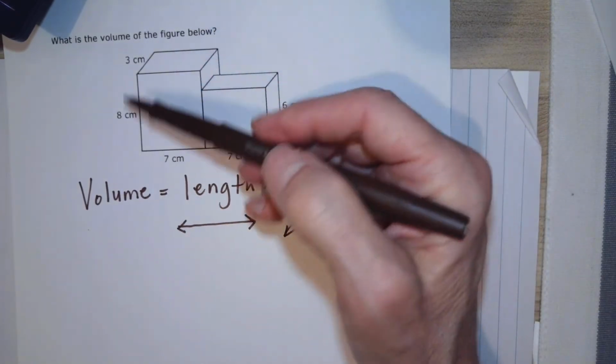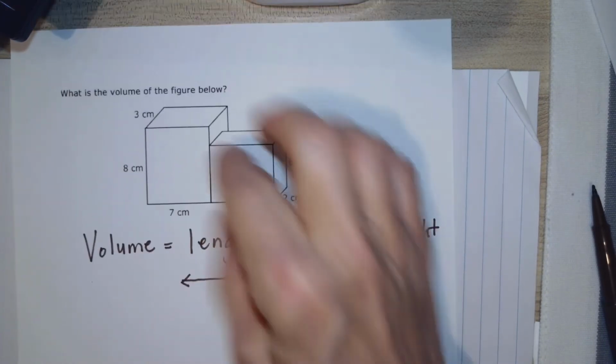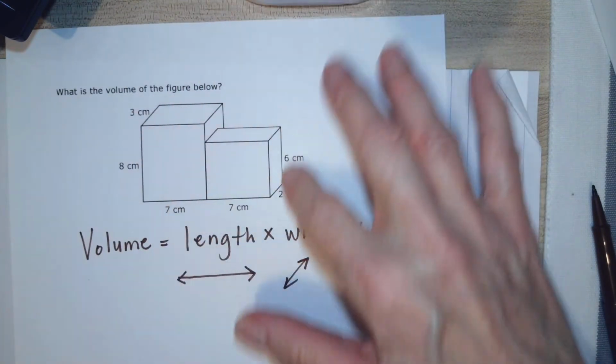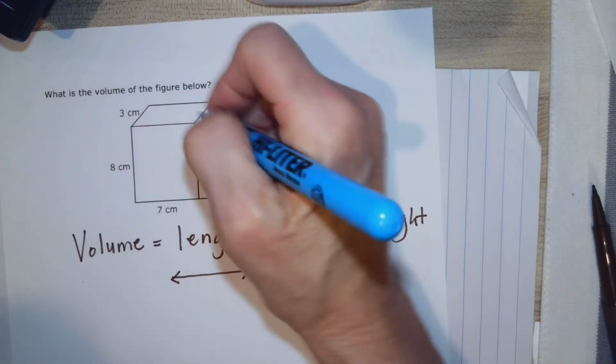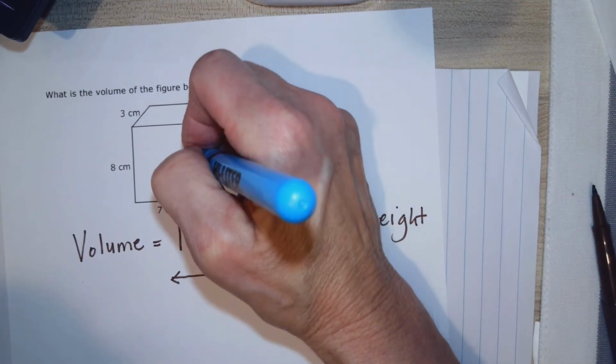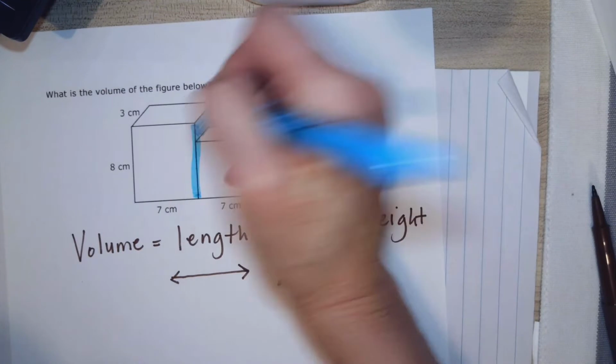Now I see that in here they've broken this apart. I can't just do length times width times height because this is not just one solid, okay? Not one rectangle. So what they have here, and I'm just gonna, with my blue highlighter, show you the two.